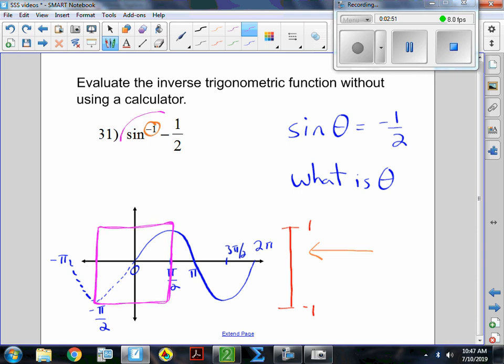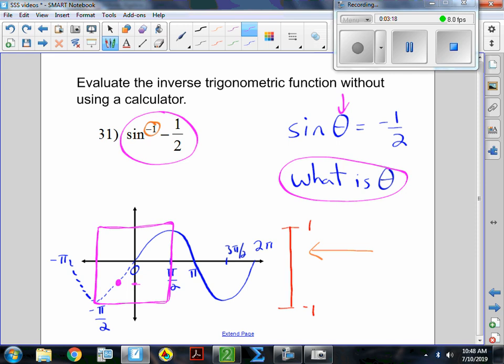So when you see this question, the inverse sine of negative 1/2, they're saying what is the angle theta inside this pink box in this restricted domain? What is the angle theta that gives you a negative 1/2? Well, negative 1/2 is going to be right here. My graph's not drawn completely to scale, but that's the only value.